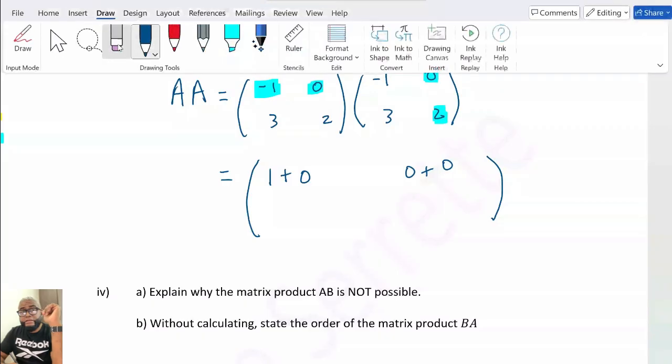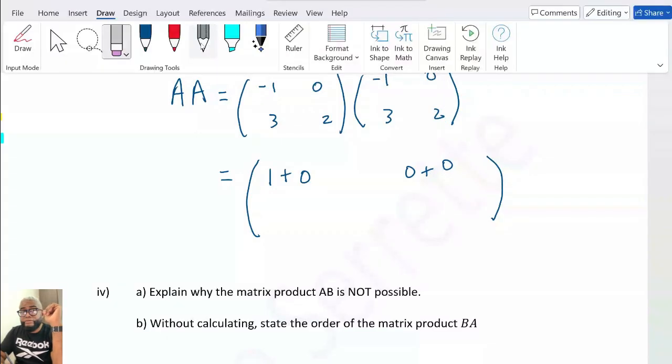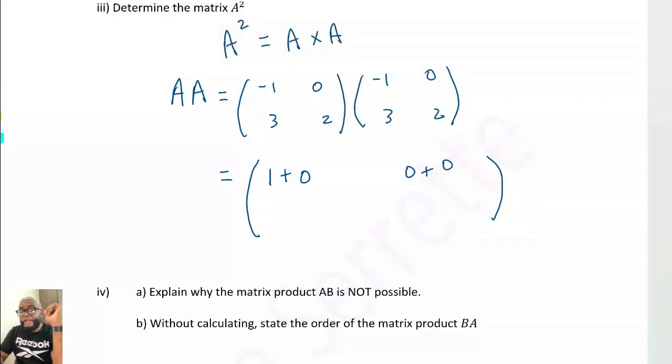Now I want you to do the same thing with the second row for me. Come on, try it. You're multiplying 3 by negative 1, then 2 by 3, then 3 by 0, and then 2 by 2. Do that for me.